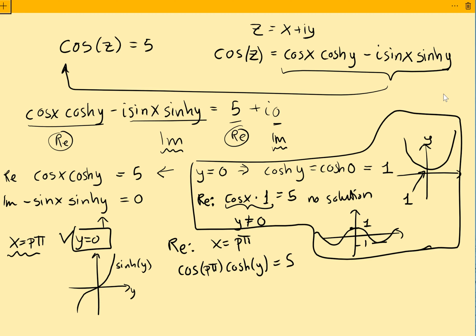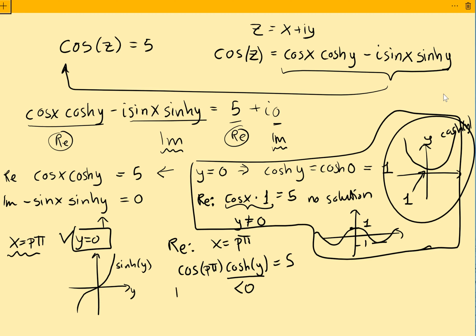And now we see that not all values of p will render a true equation here. Why not? Well, as you can see over here, cosine hyperbolic is a strictly positive function. It's never negative. So this is greater than 0.